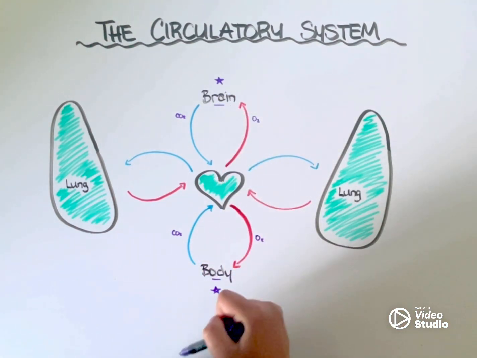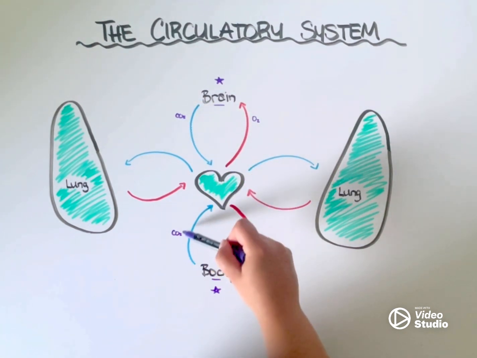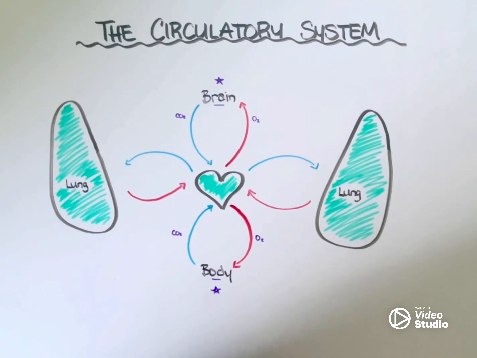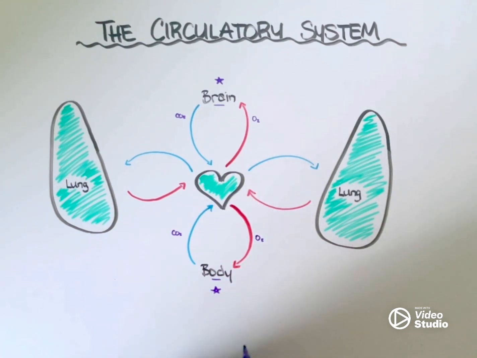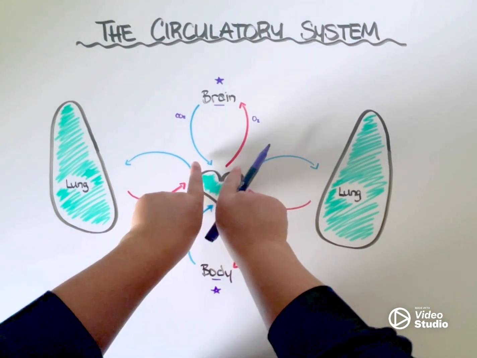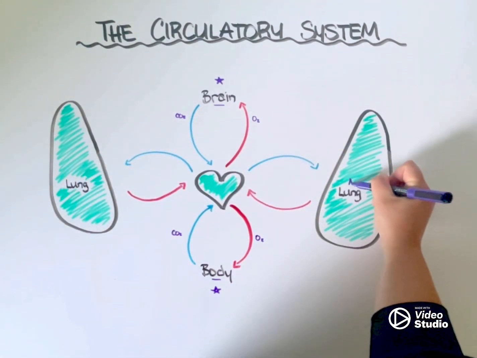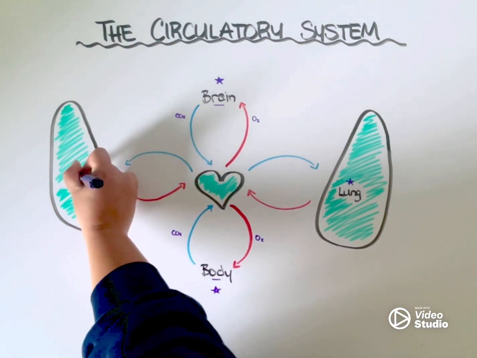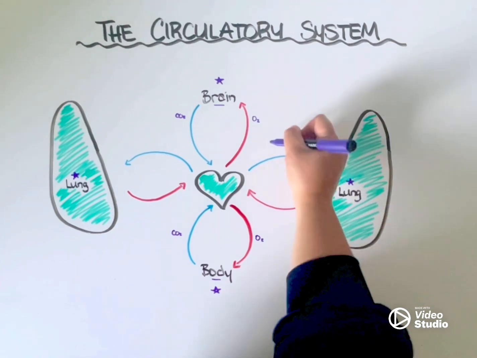So from these structures, our deoxygenated blood will return to the heart through a few different key blood vessels. And then the heart is going to apply pressure and squeeze that deoxygenated blood out to the lungs. It's in the lungs where gas exchange happens a second time. But in this case, the opposite is happening.